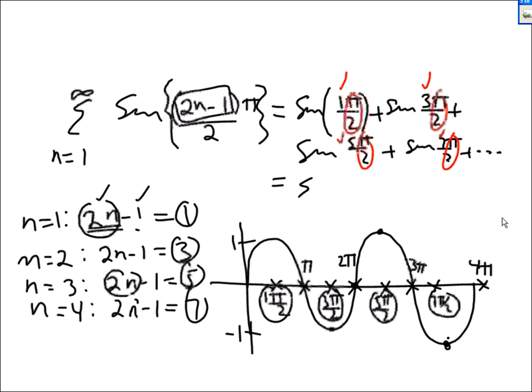This is just the summation of negative 1 to the, well, if we want to start n with 1 to infinity, the first one we said was 1. The sine of 1 pi over 2 was 1. So if n is 1, the power will be odd, and negative 1 to the 1 is negative 1.